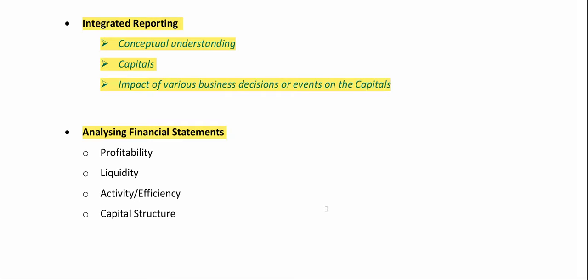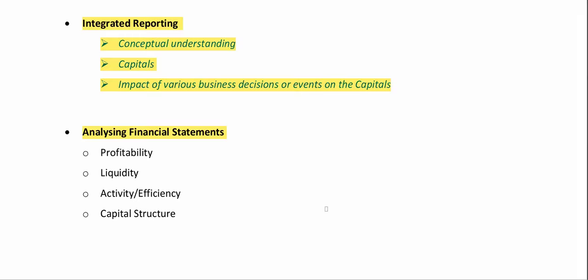And the question could also be worded in a very general sense, where you could be asked how the decision would impact the profitability ratios of Ressett, or how it would impact the capital structure ratios of Ressett, or how it would impact the liquidity related ratios.